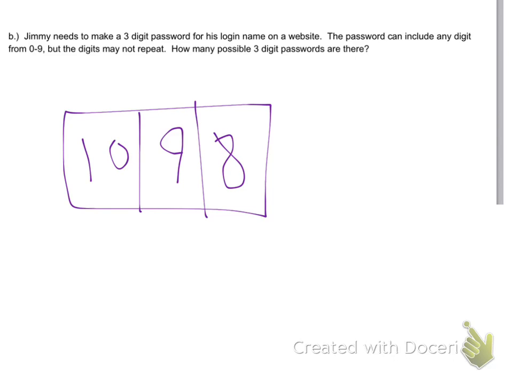And 10 times 9 times 8 is 720 different passwords. Think of most of us use a 4-digit password on our devices. You guys could figure that out because it'd be 10, 10, 10, 10. So there's a lot of choices.